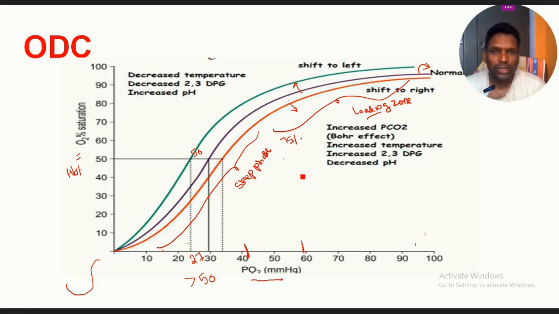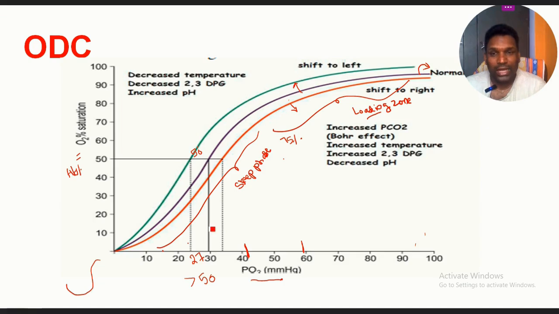If the P50 increases, the curve shifts towards the right. If the P50 value is less, the curve shifts towards the left side. These are the points to be noted.